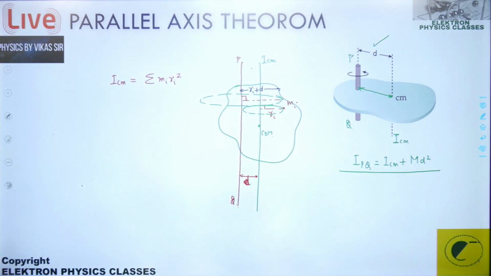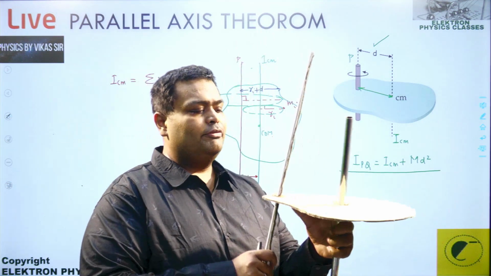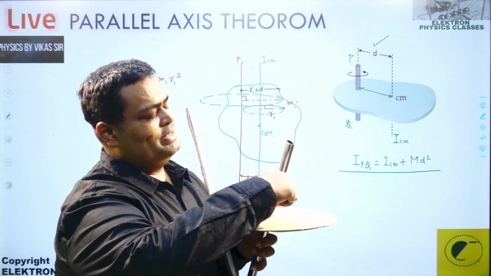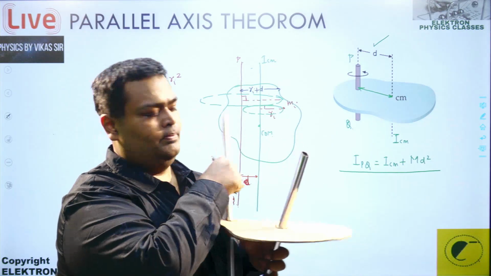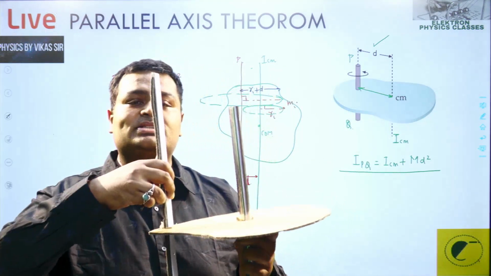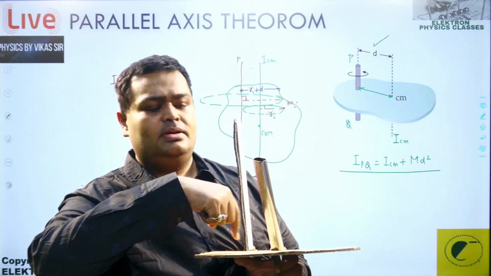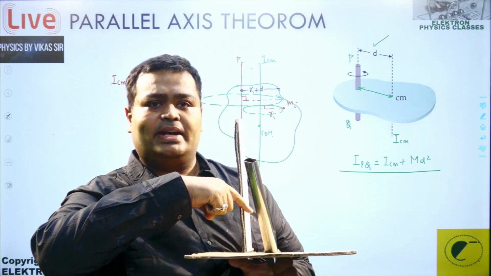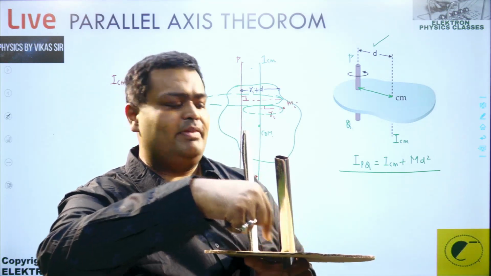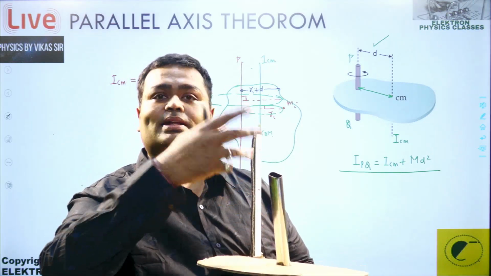So if you are considering a particle here, the distance from there is this much, and then from the second axis, the distance is going to be different. This particle will have a larger distance from here, smaller distance from here. So obviously the moment of inertia about this will increase because this particle will be having a larger distance from here. Easy. From here it is a lesser distance, from here it is a larger distance.